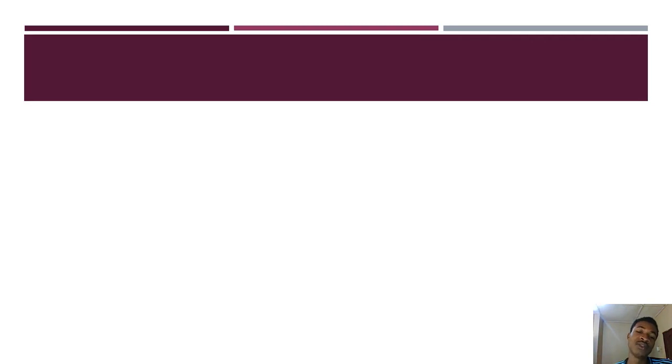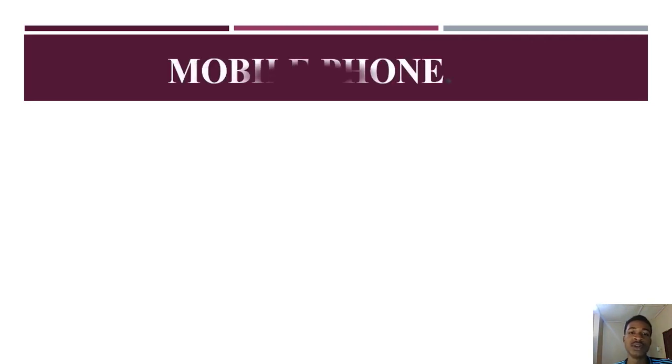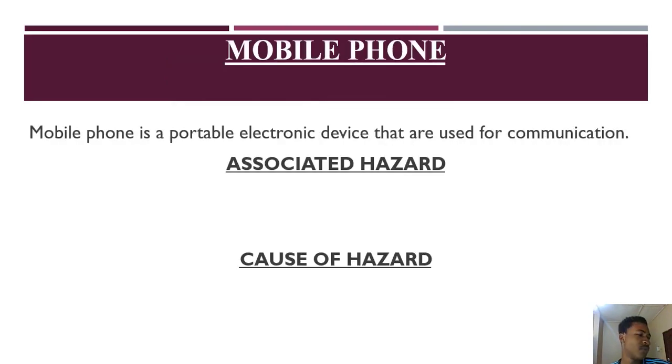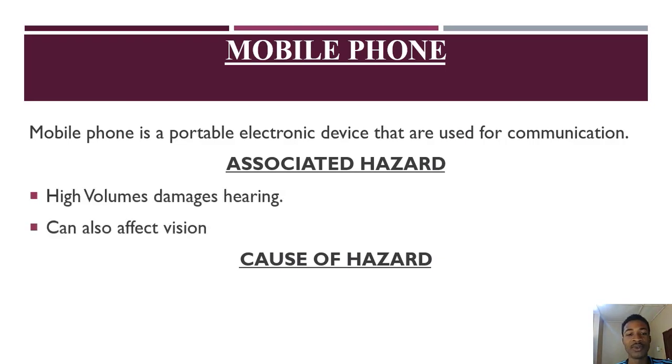Now let's move on to the next ICT tool, the mobile phone. A mobile phone is a portable electronic device that is used for communication. The associated health hazard of a mobile phone is that high volumes damage hearing.